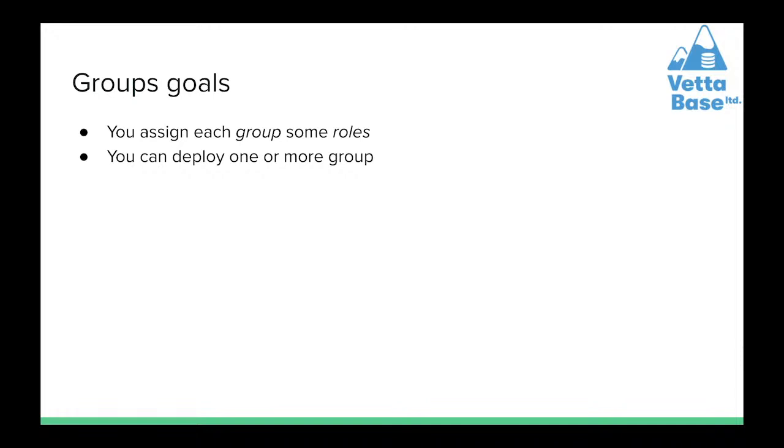Well, you assign each group some roles instead of assigning roles to specific hosts, which would be very chaotic. Which is why, again, I suggest to always use groups, even groups that contain only one host. And then you can deploy one or more groups instead of deploying individual hosts, or even worse, deploying the whole infrastructure every time.